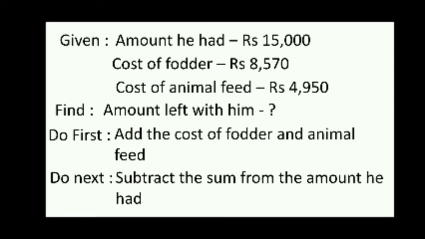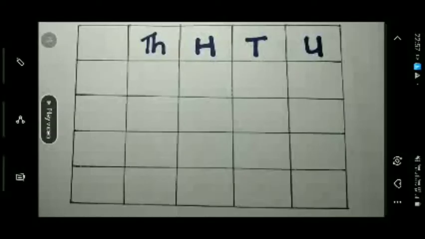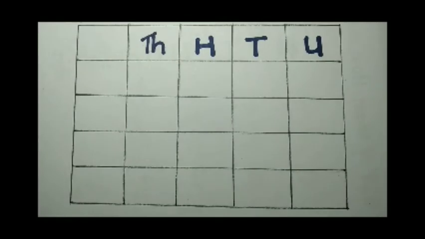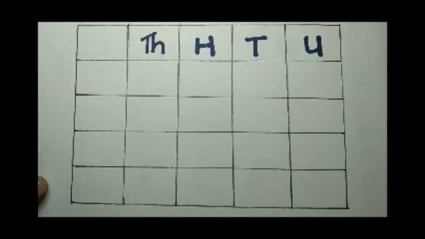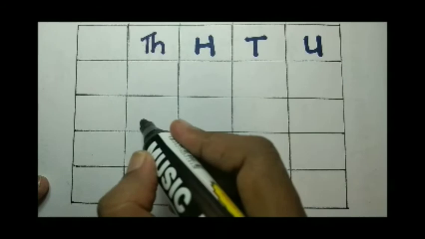So we are going to subtract the sum from 15,000. And the answer that we get is the amount left with Rambhau. So now let's begin with the method.